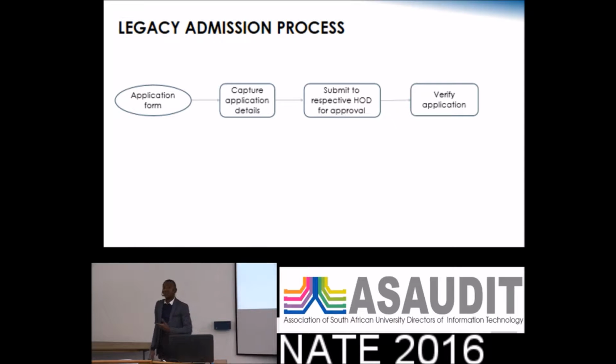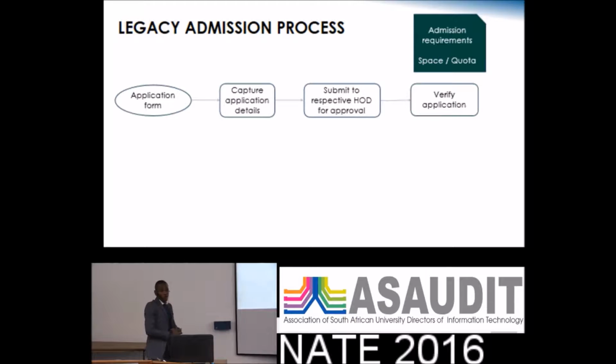The verification process is the most complex because the personnel responsible has to look at the student's matric results, APS score, remaining classes as well, the admission requirement, the space, the quota. So we look at those.